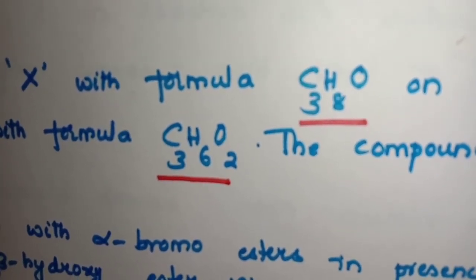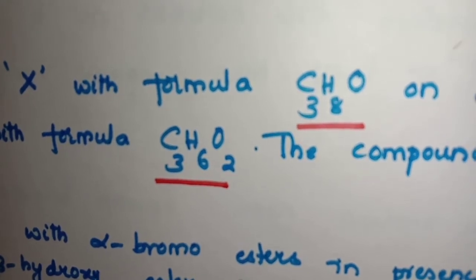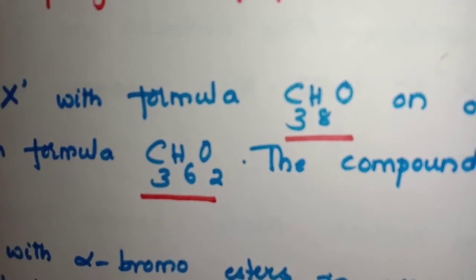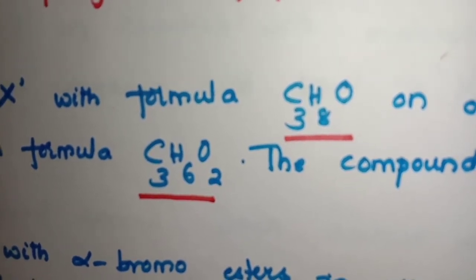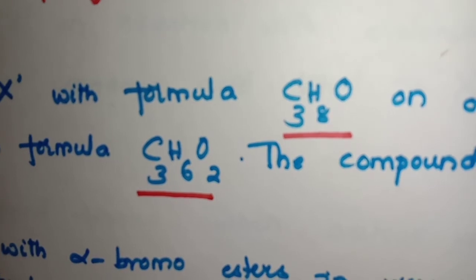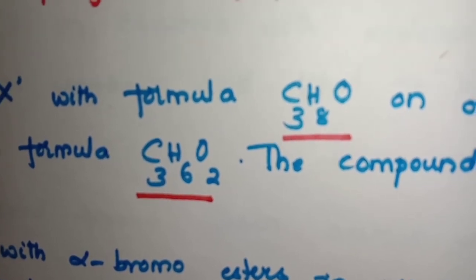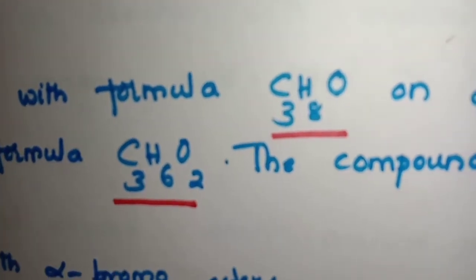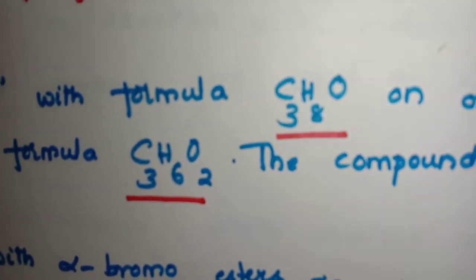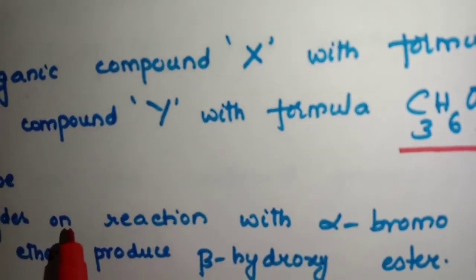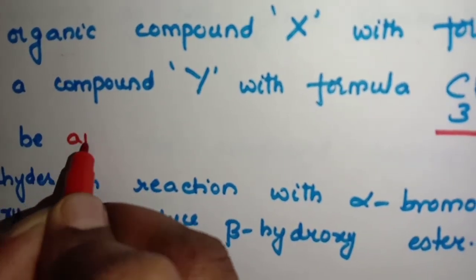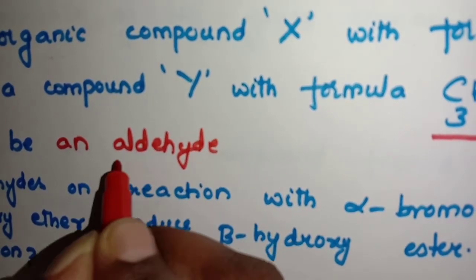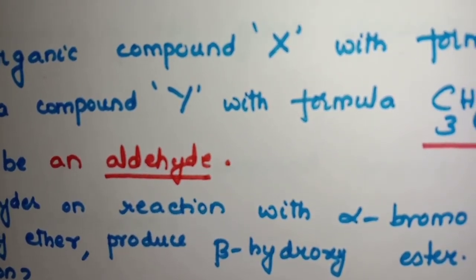Both compounds have a similar number of carbon atoms. Only aldehydes on oxidation produce carboxylic acids having a similar number of carbon atoms. Therefore, the compound should be an aldehyde.